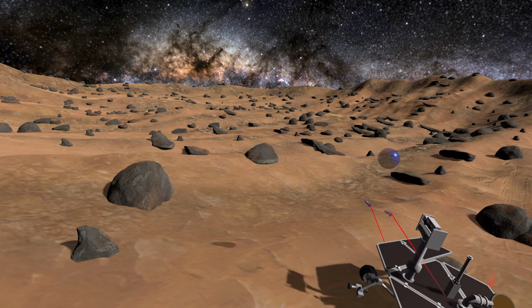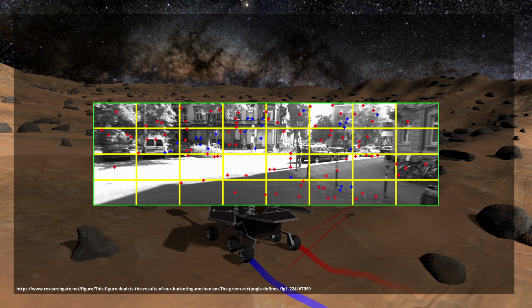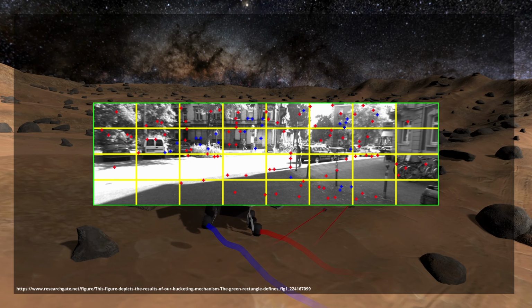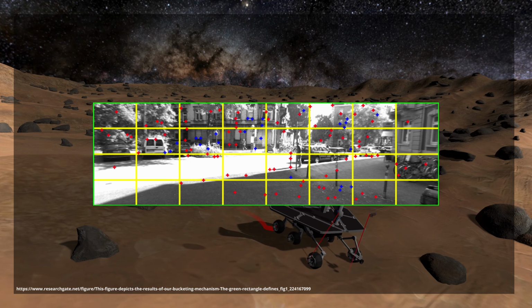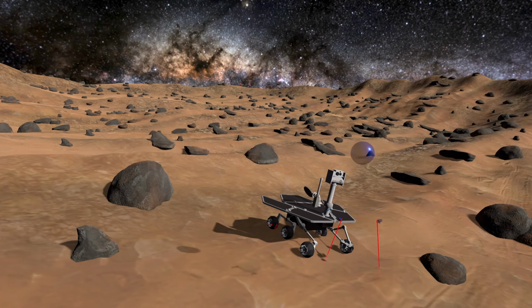And to prevent this, a bucketing algorithm is usually employed. And this basically separates the image into a lot smaller images and detects the X best features in each of these grid cells. And so we have a more even spread of feature points over the whole image.